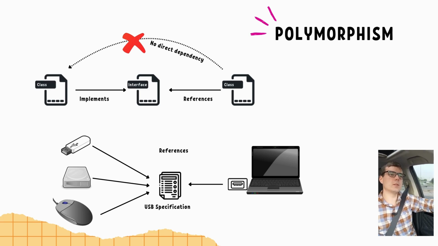From the other side, producers of laptops are also independent from producers of devices, because they also have a specification of how a USB port should work, and they implement it regardless of what device can be plugged in. This power of having a contract, a specification, or an interface is a natural feature of object-oriented languages, and it is achieved by polymorphism.